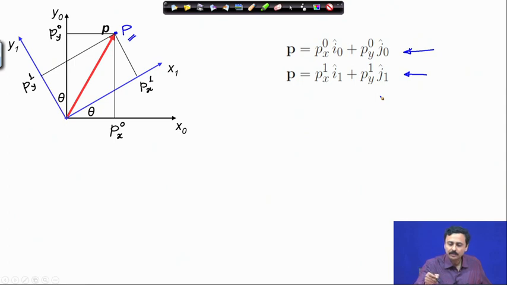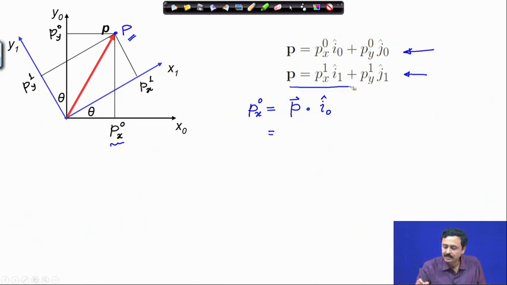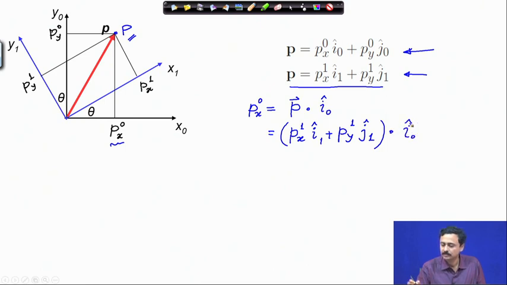Now, how do we go about doing this? I want to find out Px0. So, how do I find out Px0? Px0 is nothing but the vector P dot i0 cap. Now, P has this representation in the new frame like this, and this dot i0 cap.